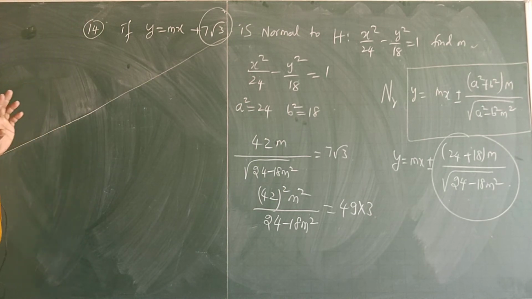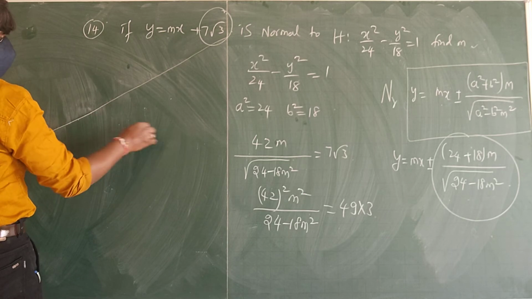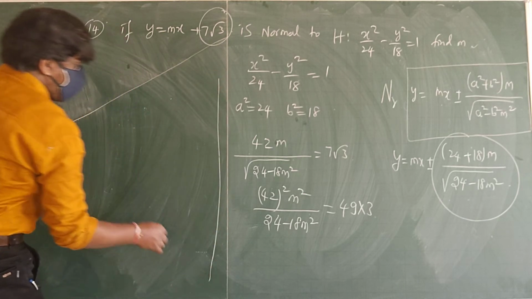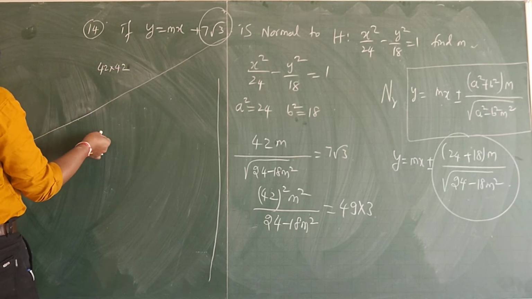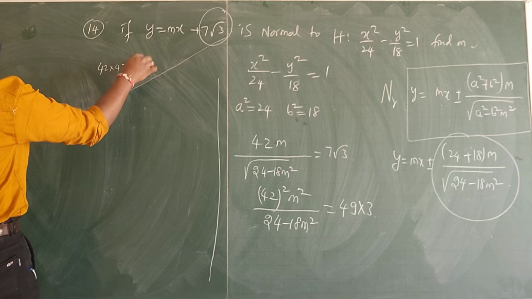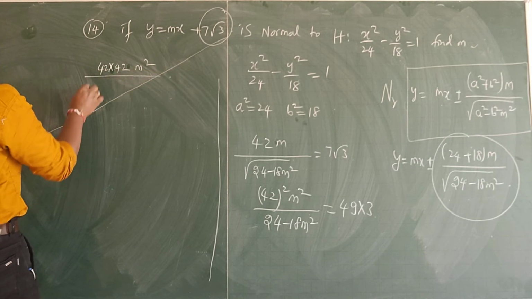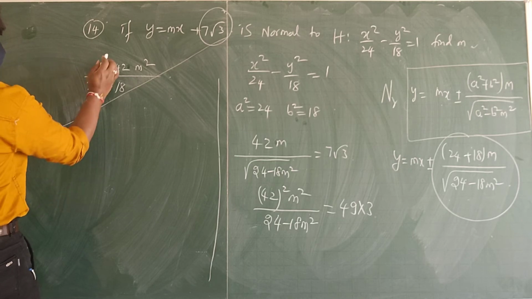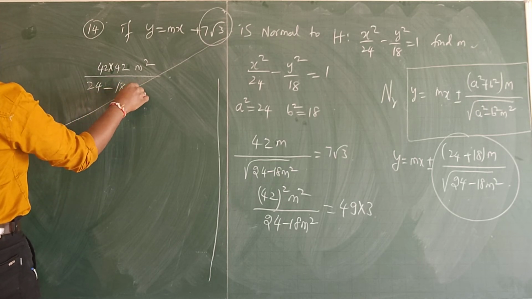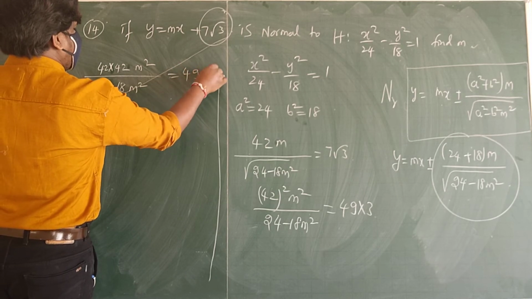So now you can try to cancel one by one. You are going to get the value of m square. So what you are going to get here, 42 into 42 m square divided by 24 minus 18 m square is equal to 49 into 3.